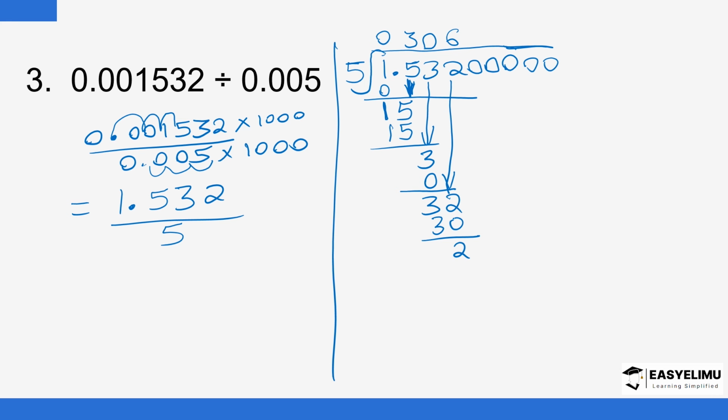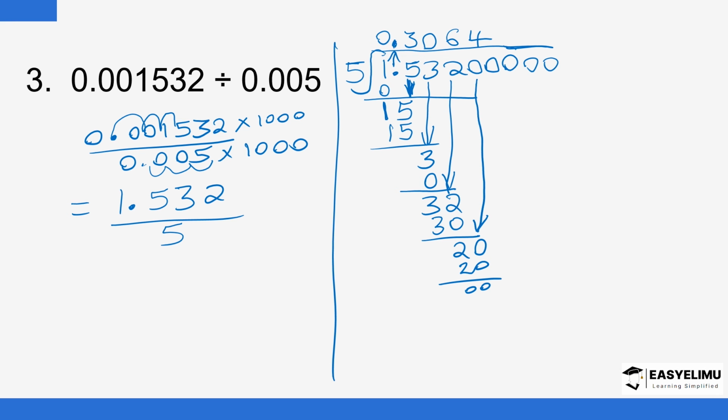So we have subtracted, that is 2. And then now you have to drop this next 0 here. So 20 divided by 5 is 4. And 4 times 5 is 20. You can see now the result is 0. So you stop. Once you stop, the decimal point is taken up there.